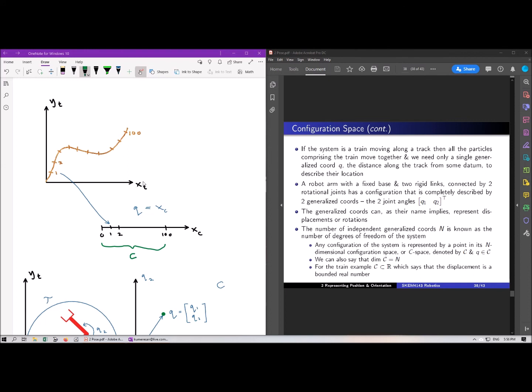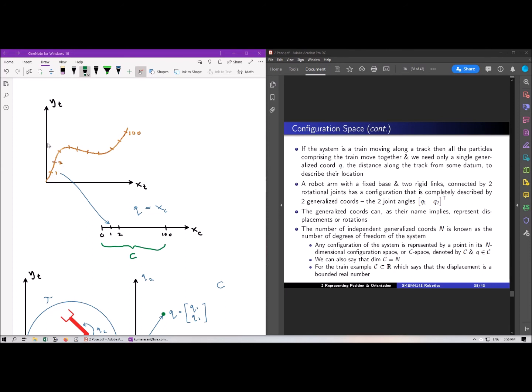So what it says is that if we have a train on a piece of land, that piece of land has an x-axis and y-axis, and it is our task space, because we want to move from A to B on this land. Imagine there's a railway or train track. The configuration of the train can be fully described by a single number, which is the distance along the track.